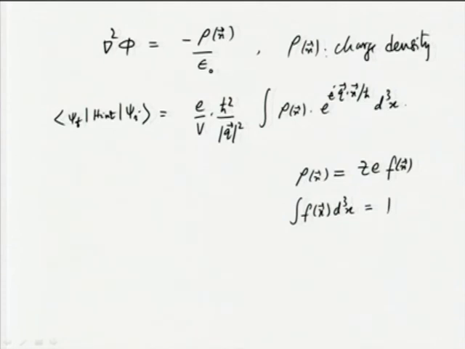So, now look at the earlier integral in the probability amplitude. That can be written as e over V, h cross over q square, Ze, integral f(x) e^(i q·x/h cross) d^3x.